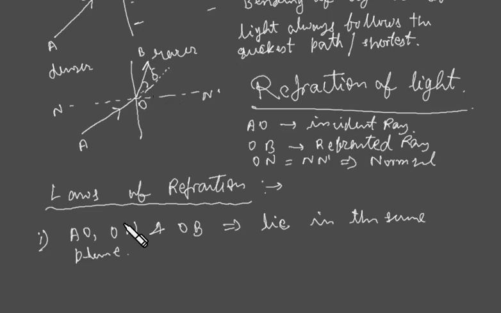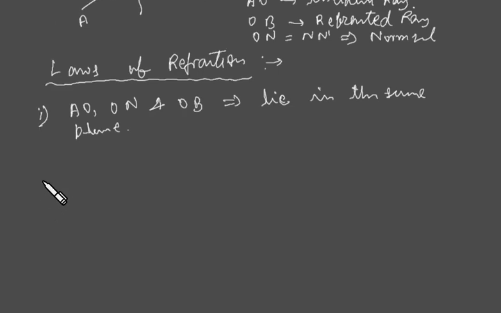Okay, next one, the second one, which talks about the angle of incidence and the angle of refraction. Let's say I will draw another picture here. This is AO, which is the incident ray. The light travels from medium 1 to medium 2 and it bends towards the normal, let's say.